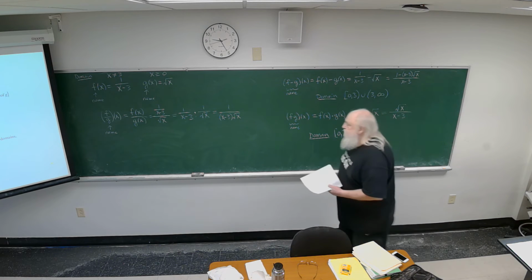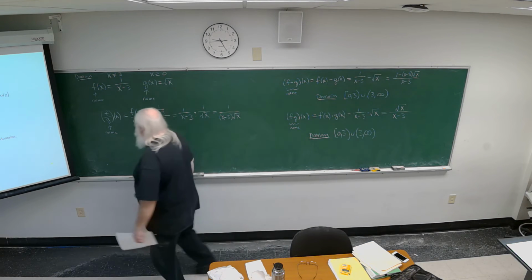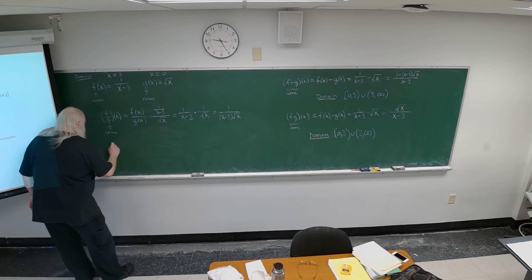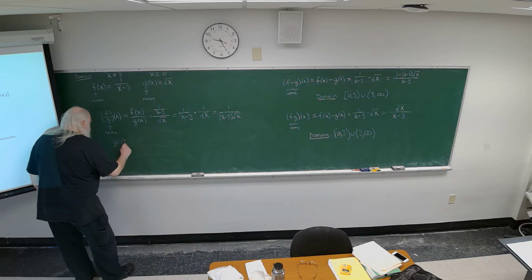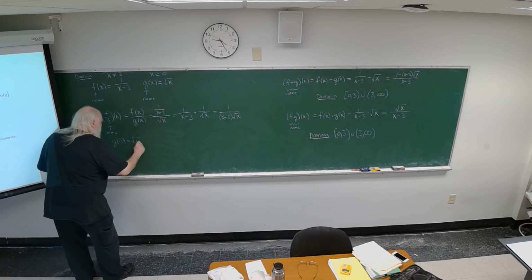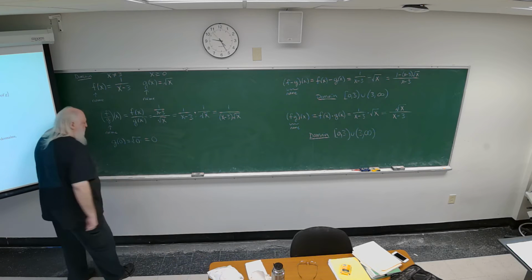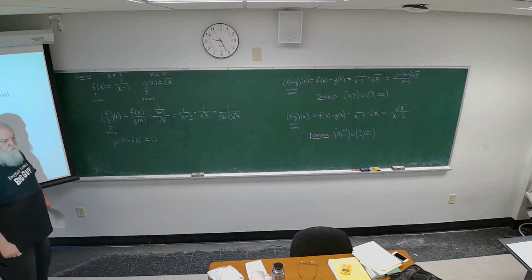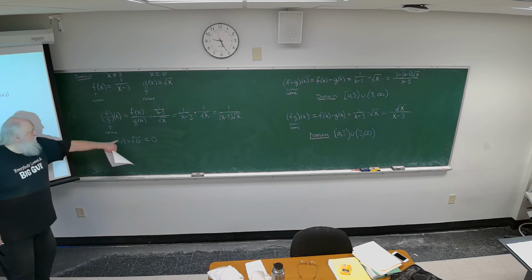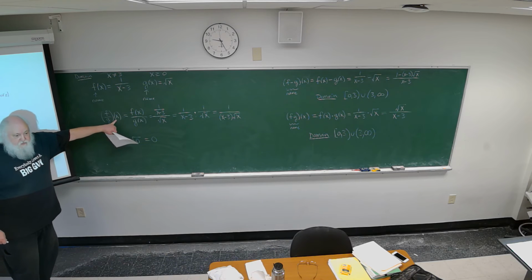So you'll note that g of 0 is equal to the square root of 0, which is equal to 0. So x equals 0 is not in the domain of this function right here.